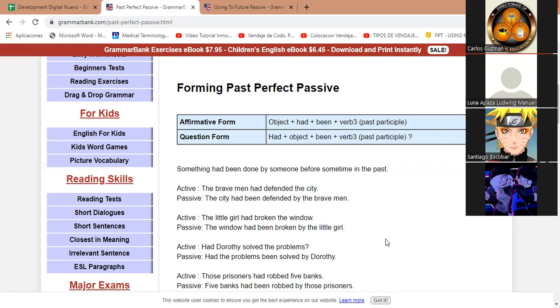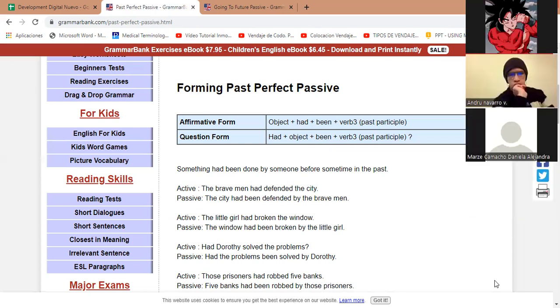The next examples, let's go with Daniela. Can you read the examples? Had Dorothy solved the problem? Had the problems been solved by Dorothy? Very good. Good job, right? So active voice, had Dorothy solved the problems.